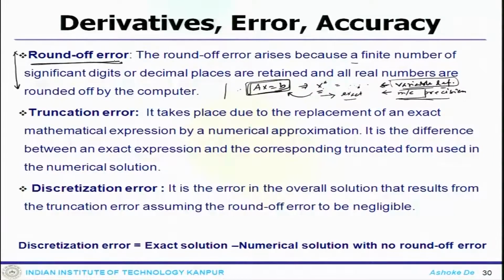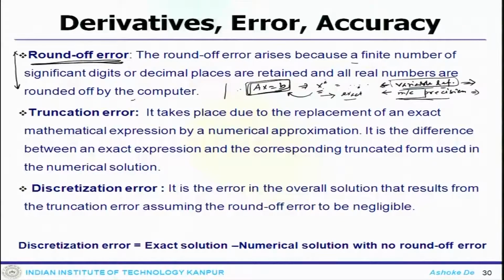So, the best way is to define the variables properly, that means you define double precision variables and use proper machine precision, so that your programming takes care of things and your rounding off error is as minimal as possible. That is one kind of error.